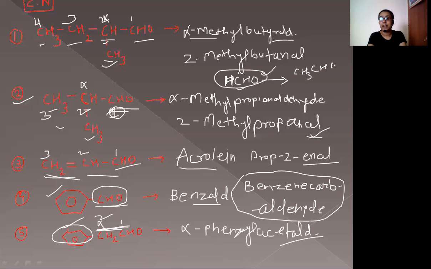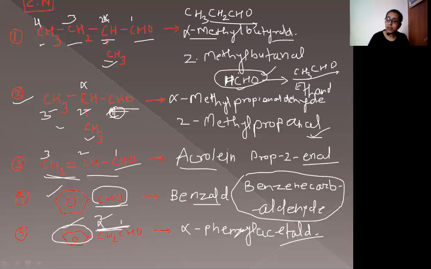In acetaldehyde there are two carbons, and the 2 carbon containing alkane is ethane, right? From ethane, E is replaced by Al, so this one is ethanal, right? Then you have propionaldehyde, where you see CH3, CH2, CHO. There are 3 carbons, which alkane? Propane. Again E is replaced by Al, so this is propanal. Then you have butanal, where 4 carbons are there.